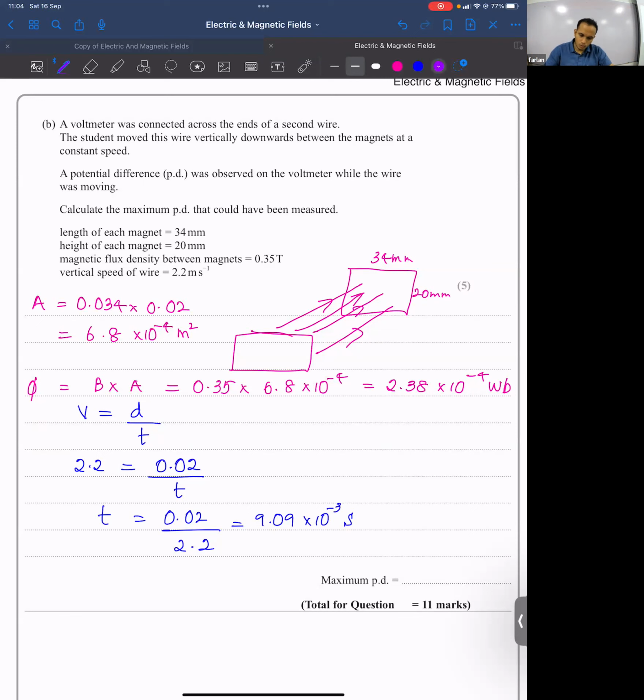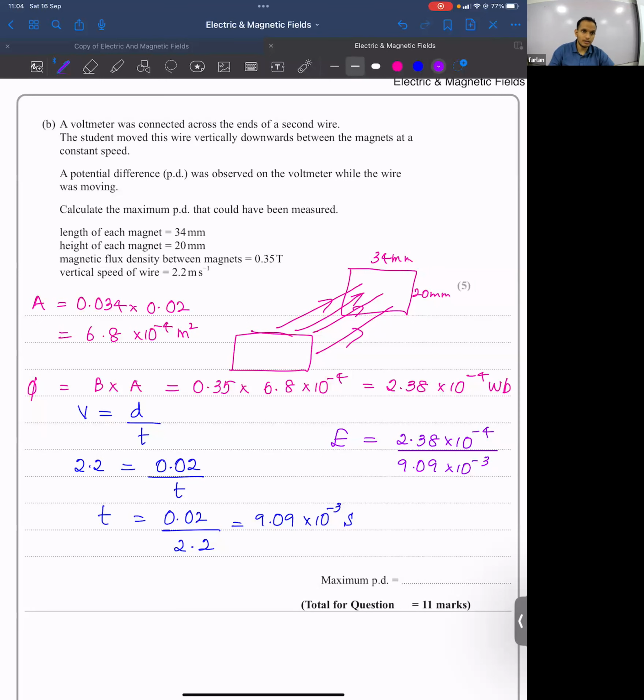Then by using the EMF induced, which is what we want. That is the flux cut by the wire, which is 2.38 × 10^-4 divided by the time taken, 9.09 × 10^-3.